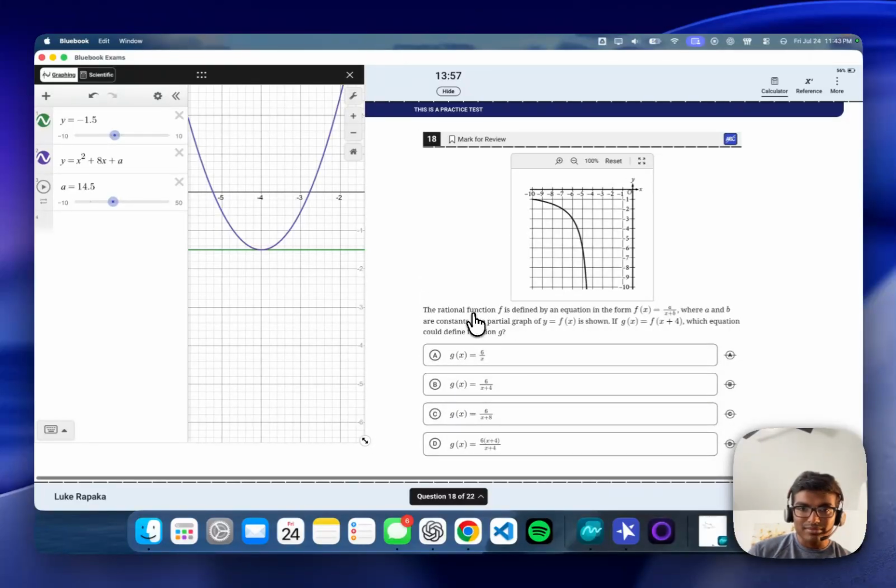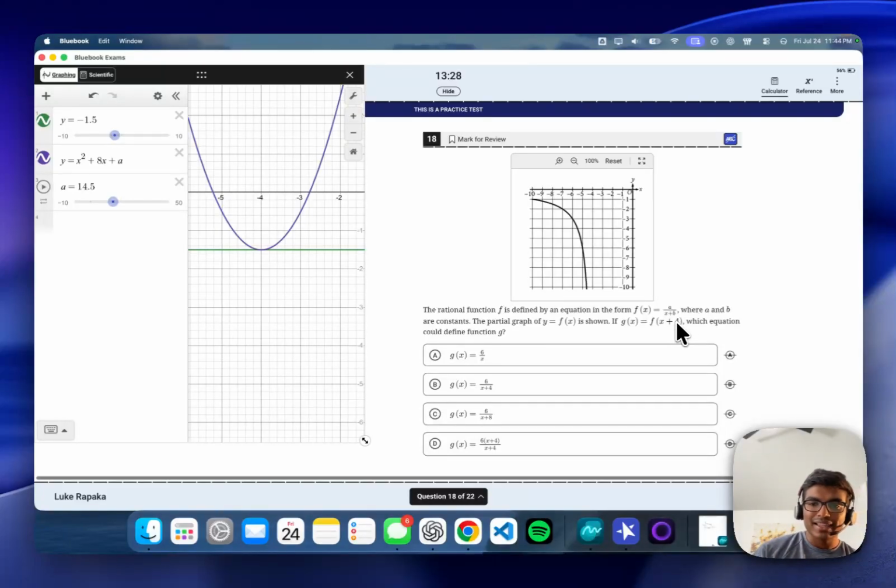Okay, which, hmm. Okay. So what I'm going to do here is, it's telling us to find this new function g. And so basically you have f of x, right?